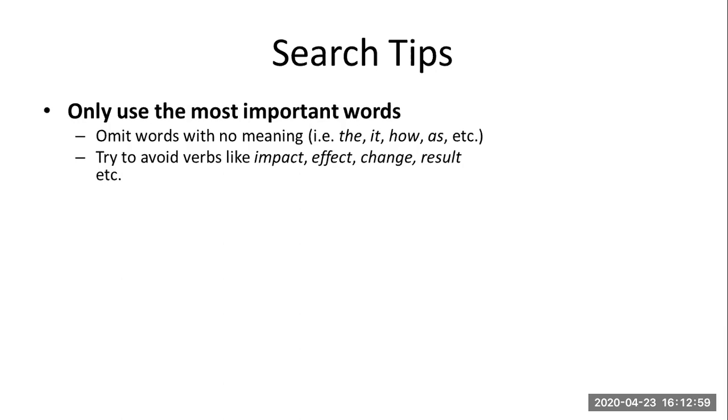Well, the databases are really specific, and you don't want to search the same way you would search in a regular search engine. So an example would be when you're thinking about your thesis statement or your research questions, we usually phrase those in full sentences, right?